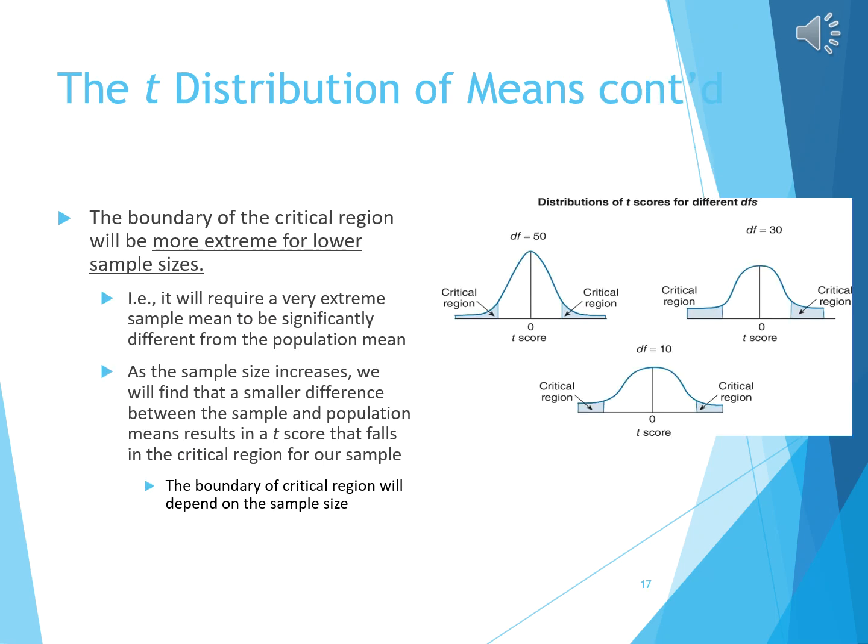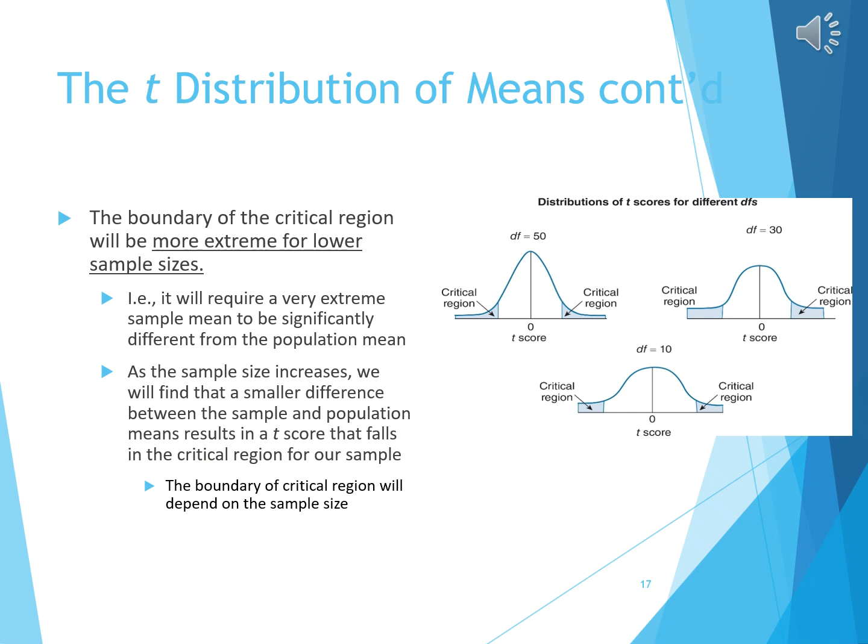One of the consequences of the t-distribution of means being differently shaped, like having these really fat tails, is there's a lot of the proportion of the entire curve, meaning there's a lot of sample means, in those tails. That's a problem because it actually means that the critical regions will be further to the extremes, further to the sides of those tails, meaning that it's actually harder to get a statistically significant result.